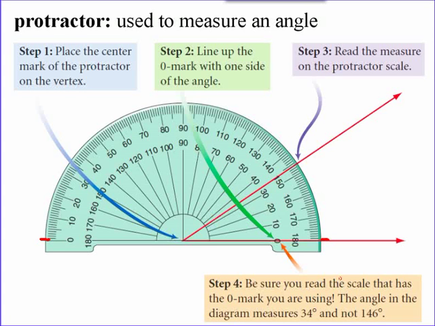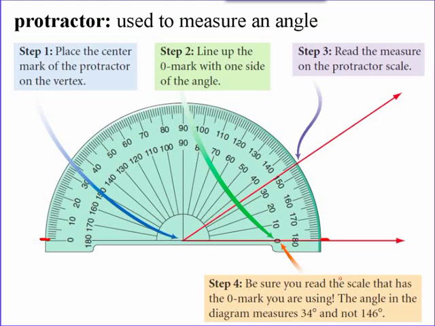So what I do is I have a little handout for you that in fact does go over that. And so it actually also has the directions for how you use a protractor. So if you look at that very first one, we're going to place the center mark of the protractor on the vertex.